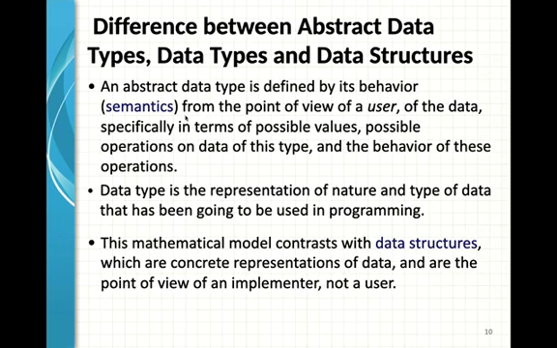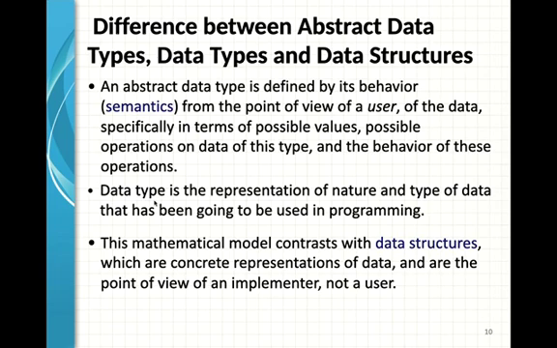From the point of view of a user, like using a TV remote or a washing machine, it is only about how it can be used and how it behaves. This description is defined by the abstract data type, especially in terms of possible values, possible operations on this data type and the behavior of these operations.